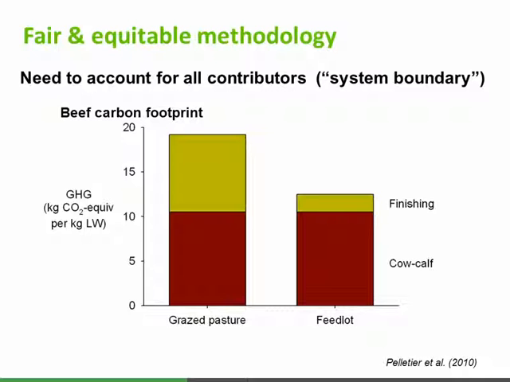So faster growth, less maintenance, finished earlier. We'll all tend to accept that and see that this can cause a more efficient production for that last finishing stage. However, we have to consider the fact that there's also crop grown to produce the feed for that feedlot, or emissions associated with that crop stage and its feeding and use.